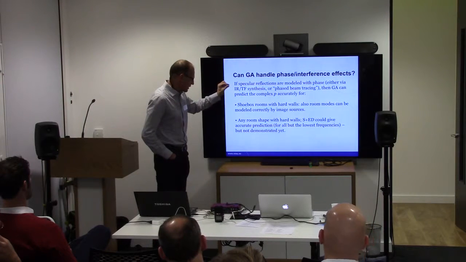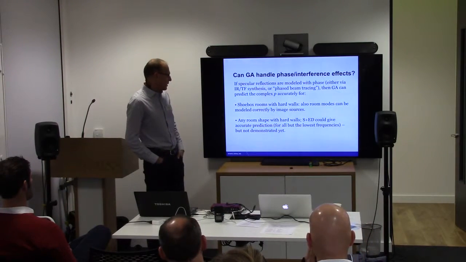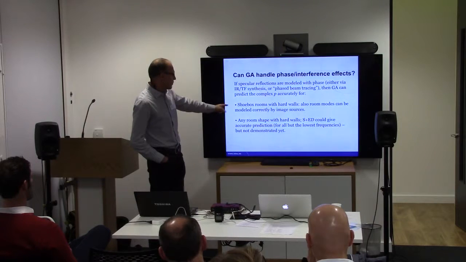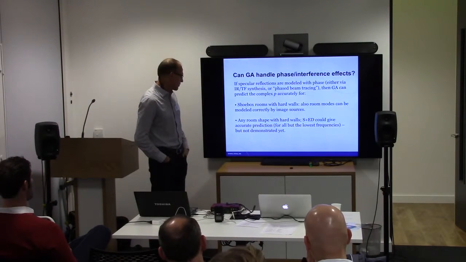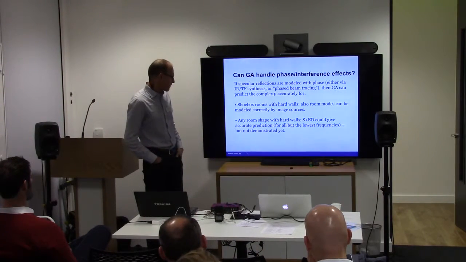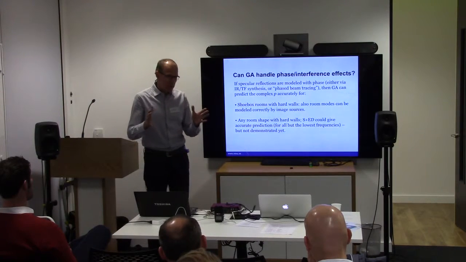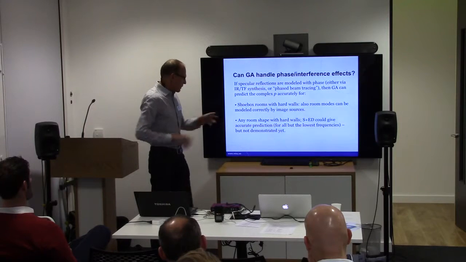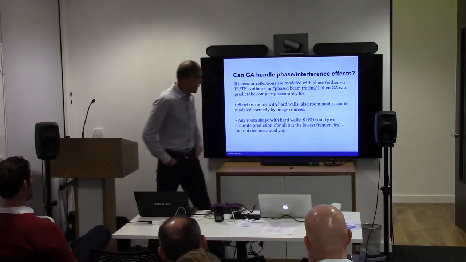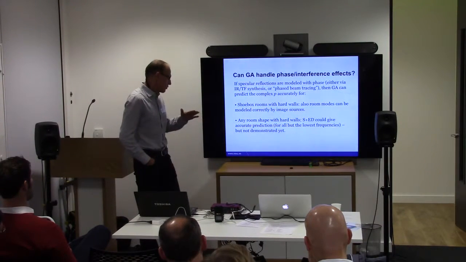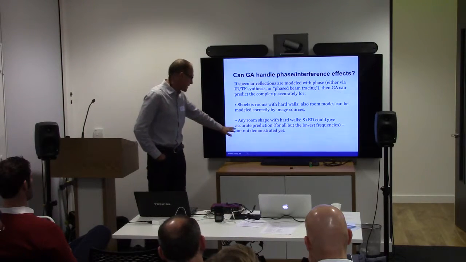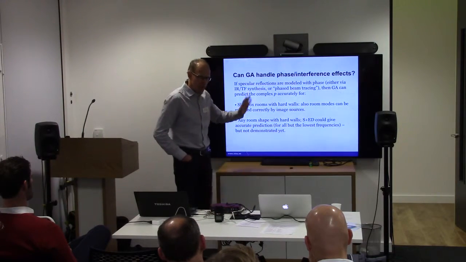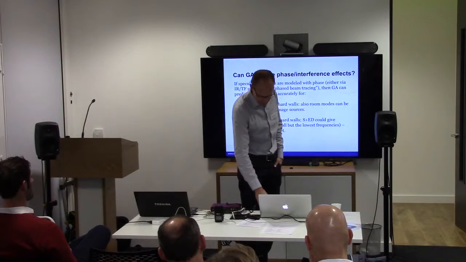With hard walls, a small amount of losses, then room modes can also be modeled correctly by image sources. If we have any other room shape with hard walls, so very low losses, specular reflection plus edge diffraction could give accurate predictions for all but the very lowest frequencies. But this has not been studied in detail yet, but it should be within the possibilities for this combination.